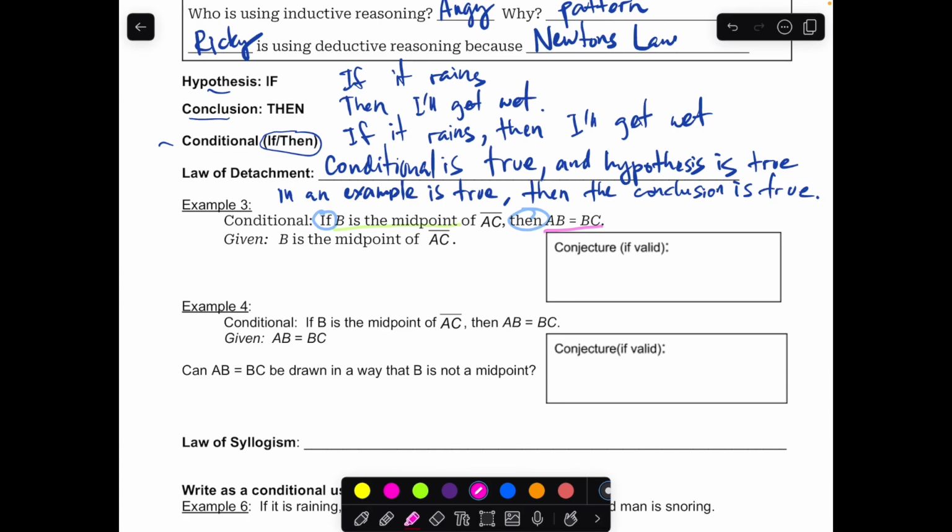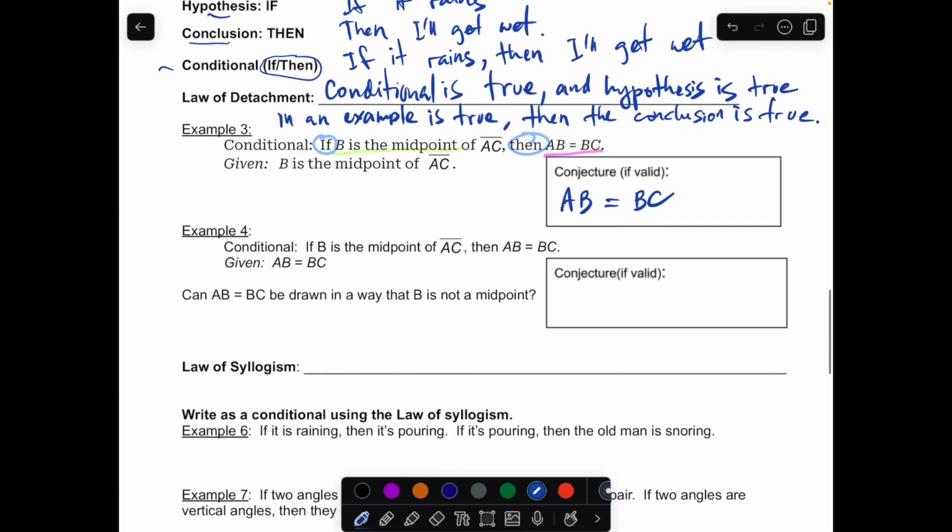If is the hypothesis, then is the conclusion. So if we say B is the midpoint of AC, then it must mean that AB must be equal to BC.